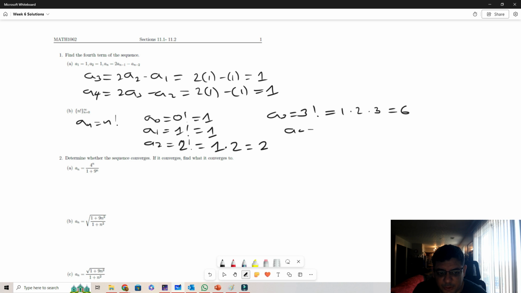And let's do a4 just for the sake of clarity. This is 1 times 2 times 3 times 4. That is what 4 factorial is, which is 24.